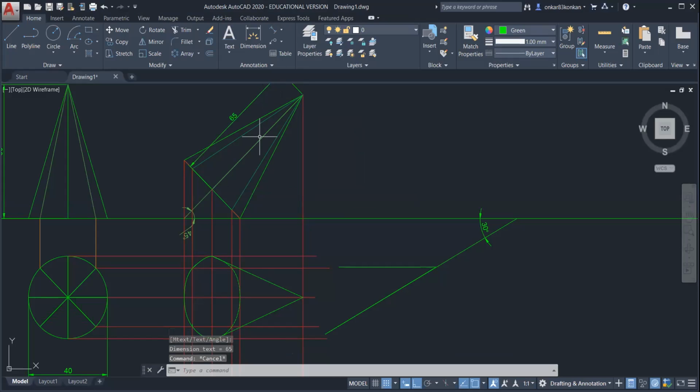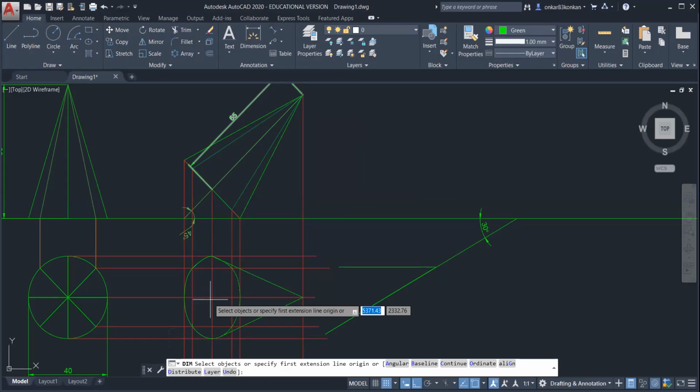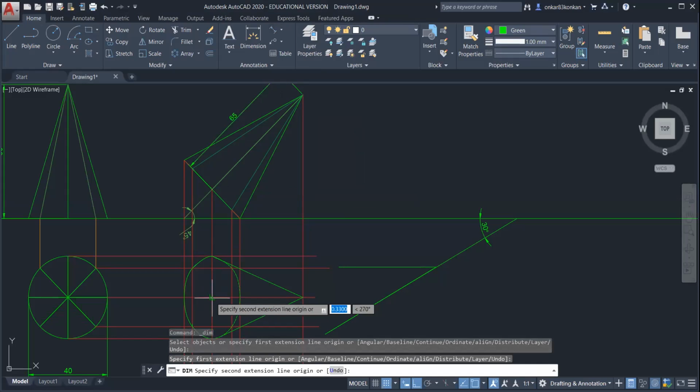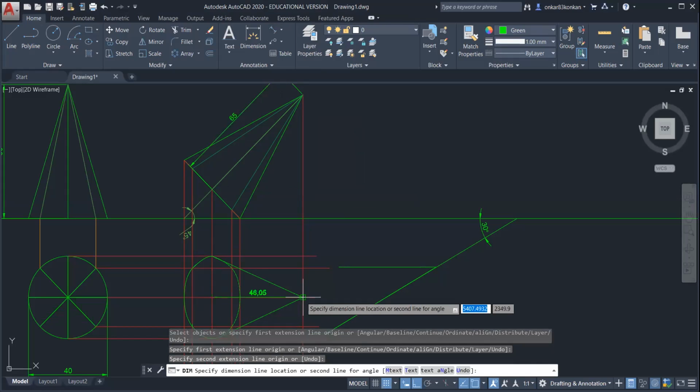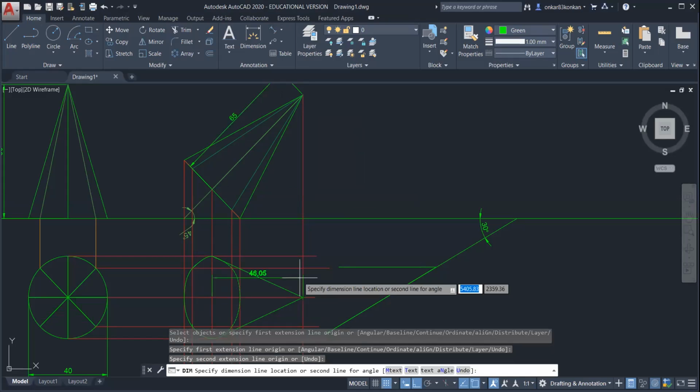Because this is the front view, its top view will give the reduced length. So just measure this length, or you can take this distance in your compass, that is equal to 46.05.